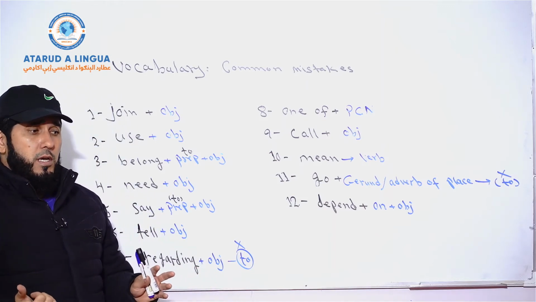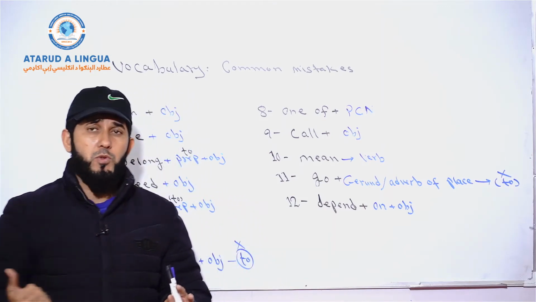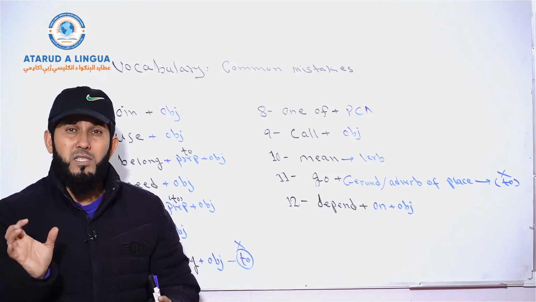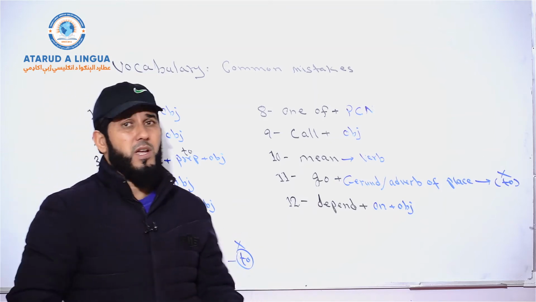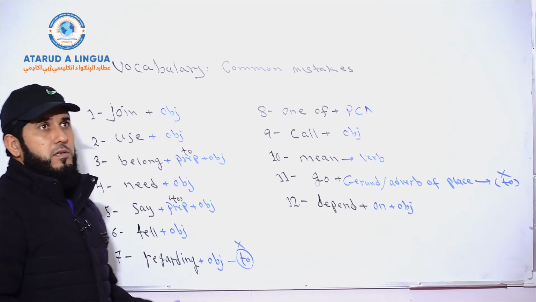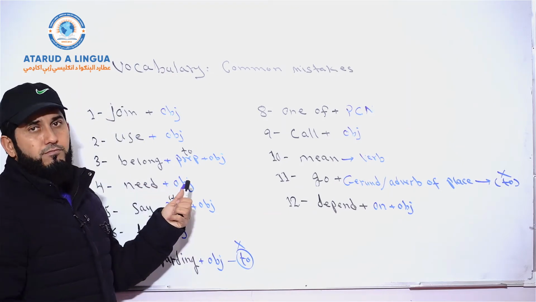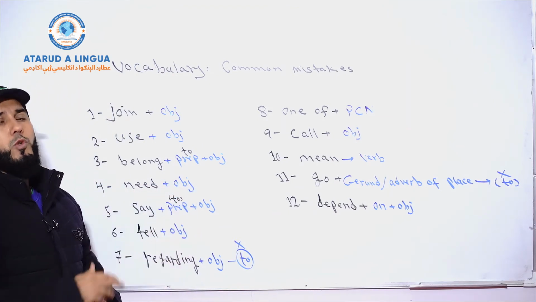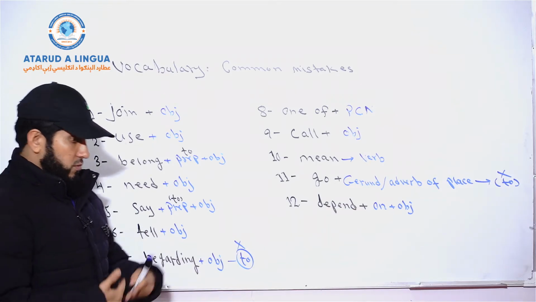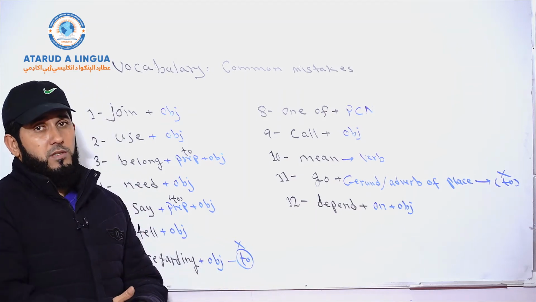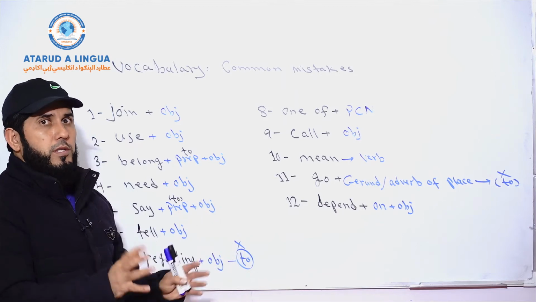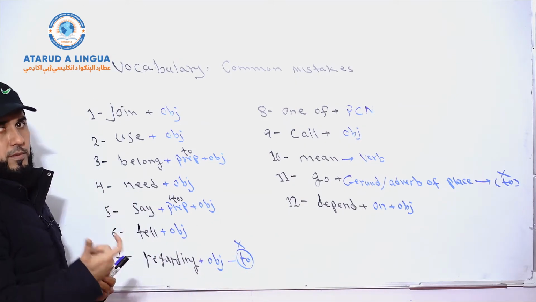However, someone may use it as a past participle adjective, "it is belonged to me," but it's not very common, so the best way is to use it as a verb and just give it s if the subject is singular. Do not give it s if the subject is plural. Most commonly, people use it in simple present tense. It belongs to me, it belongs to him, they belong to me. So this is how we should use this verb correctly.